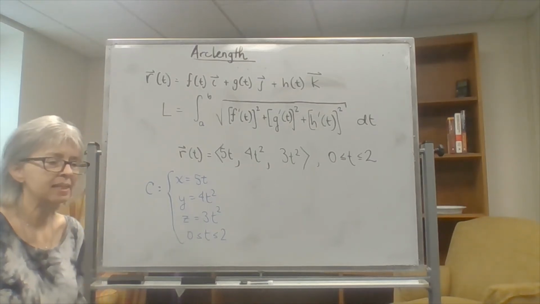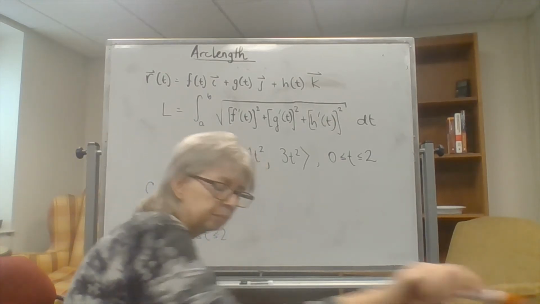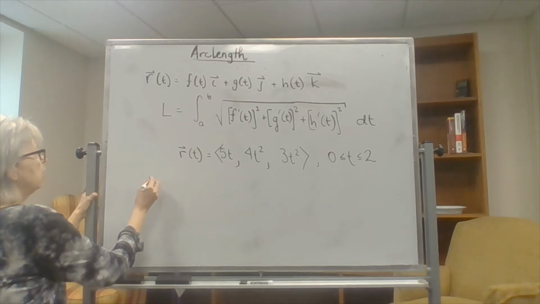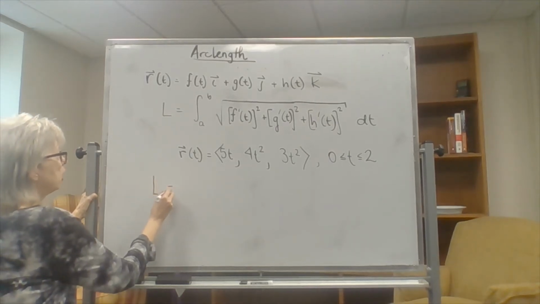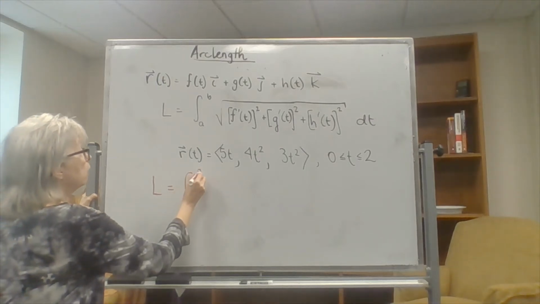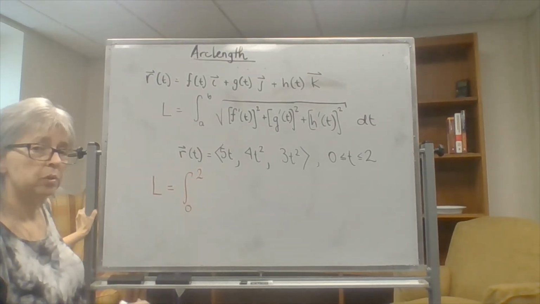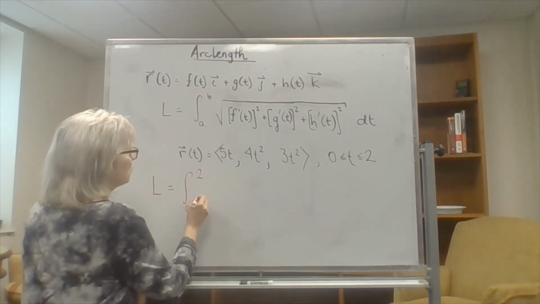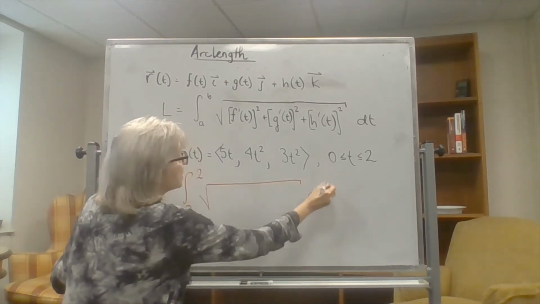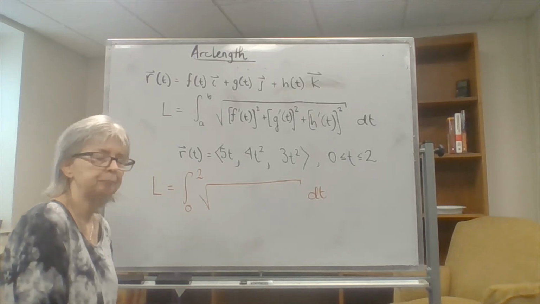Let's see what happens. The length of my curve from t equals 0 to t equals 2 is equal to the integral of the square root of something dt.